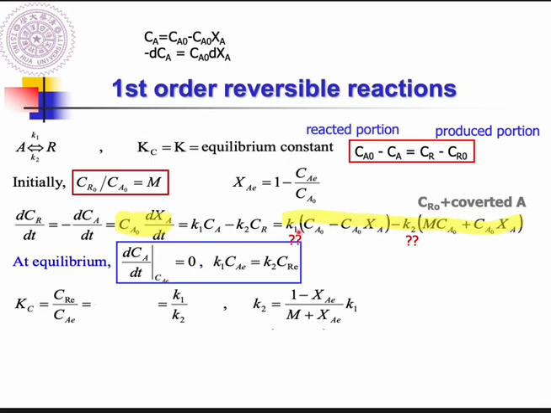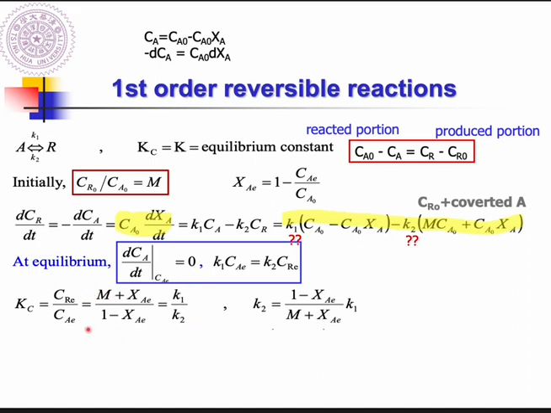So I can know K1 divided by K2 equals this term divided by this term. You can cancel CA0 and get 1 minus XAE, don't forget to put the E here, over M plus XAE. Okay, so we get this relationship.